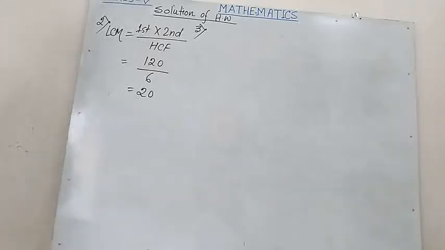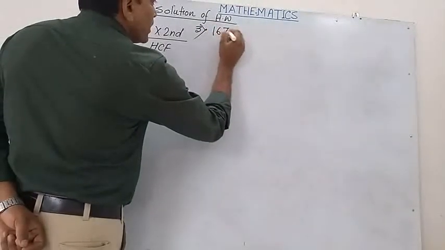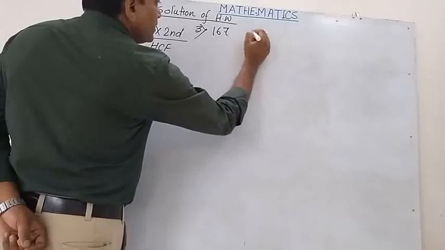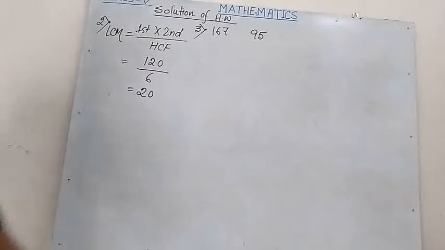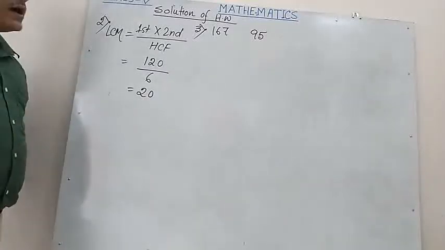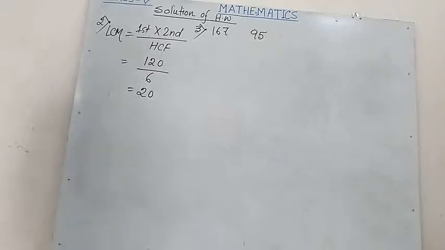So what to do? We have two numbers, 167 and 95. We have to find the number which divides 167 and 95, leaving 5 as remainder.